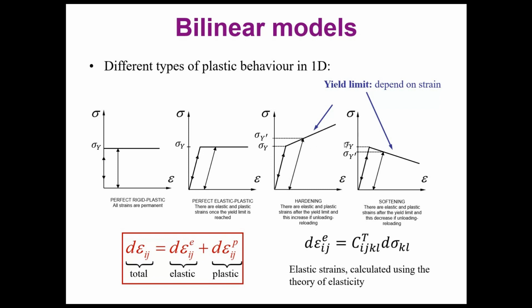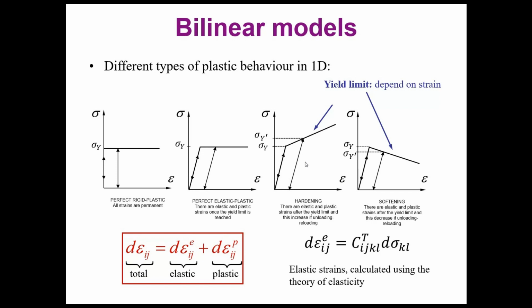When you have hardening or softening, or even when you have a perfectly plastic regime, you have the possibility to unload and reload. So in some cases, let's for example study elastoplasticity with hardening. At some stage you can unload and you will be again in the elastic regime until you reload and you reach again the new yield strength.